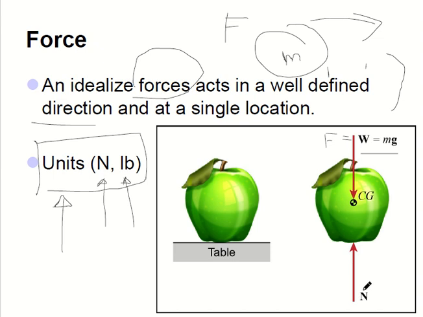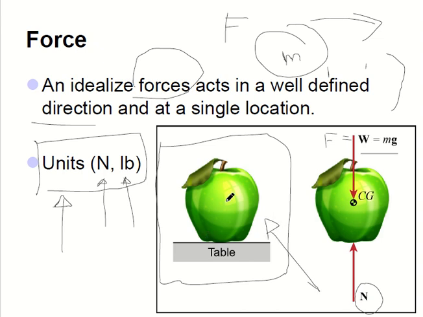And of course you also have another force acting on this situation where the apple is sitting on a table. In order for this equilibrium to happen, for that apple to sit on the table, you need two forces that are balancing each other in that equilibrium.